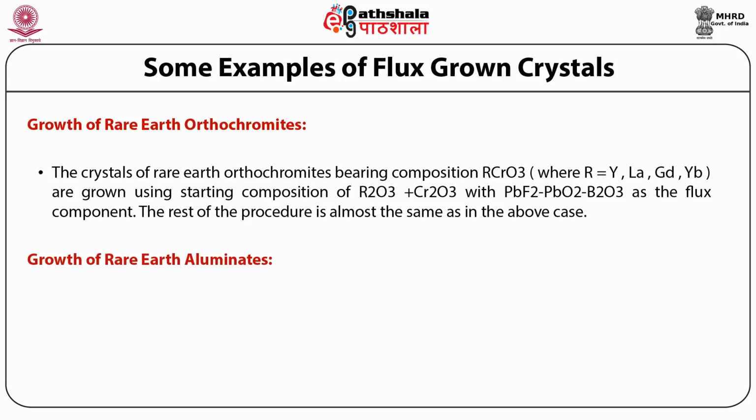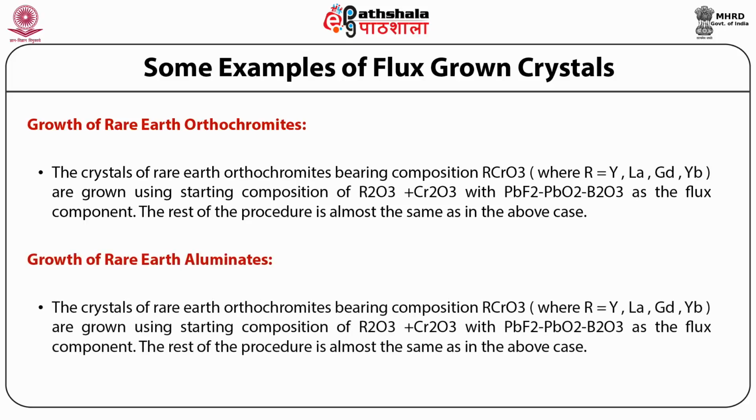Growth of rare earth aluminates. The growth of rare earth aluminates bearing composition RAlO3, where R is equal to Gd, Eu, Sm, Nd, La, Y, Pr, Tb, Dy, Ho, Er, are grown using starting composition of R2O3 and Al2O3 with flux component PbF2, PbO, PbO2 and B2O3 plus MoO3 as additives.